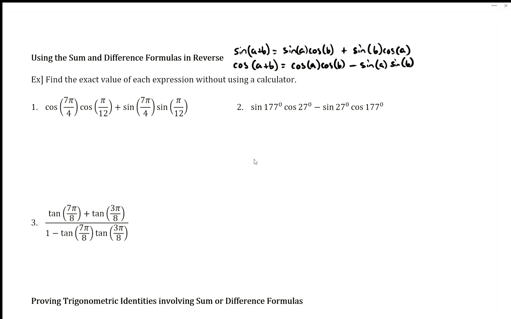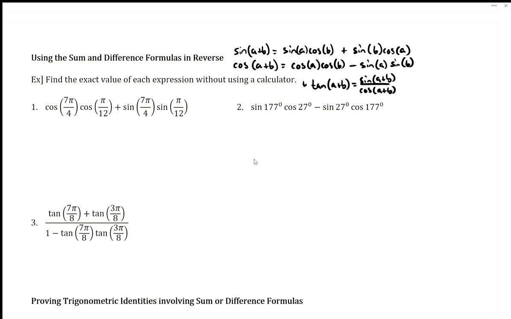And then the tangent one, let's go ahead and get it too. Often I would say that this usually does the job: sine of A plus B over cosine of A plus B. It can take some time. If we have a tangent of A plus B problem and we're doing it left to right, that means we are doing a sine addition formula and a cosine addition formula, and then eventually combining the two answers and dividing.